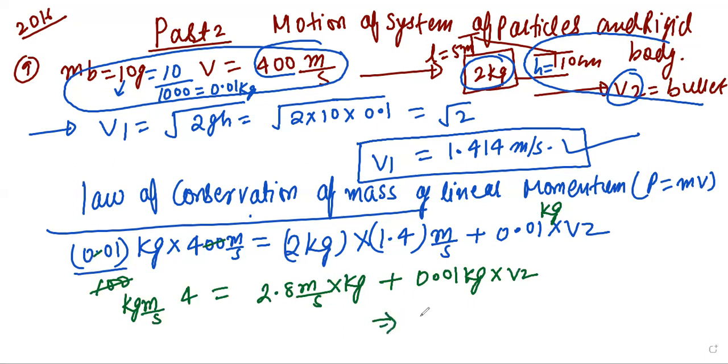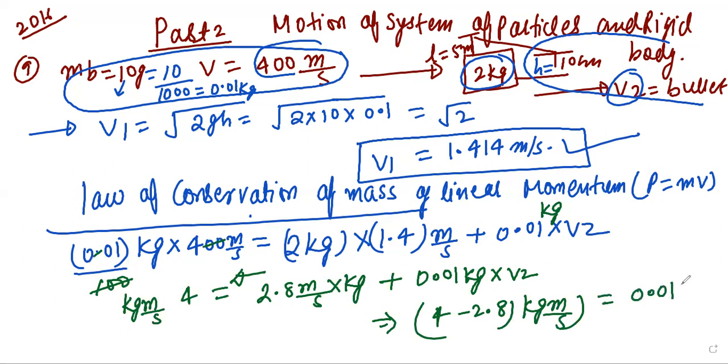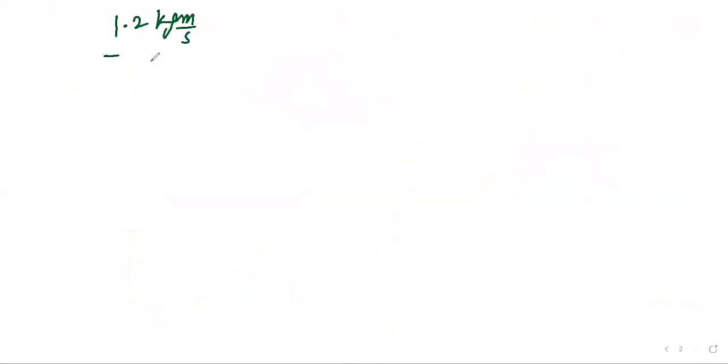So what will your answer be? Take this to the left part: 4 minus 2.8 kg meter per second is equal to 0.01 kg into v2. Subtract this one and you will get 1.2 kg meter per second divided by 0.01 kg is equal to v2.